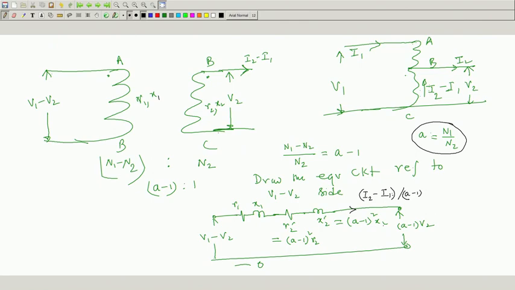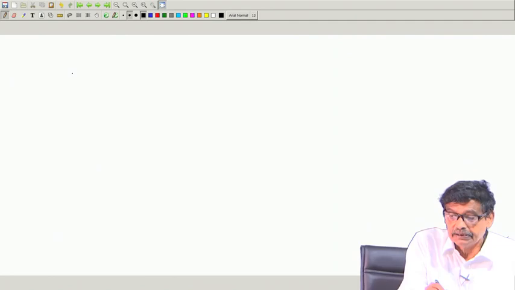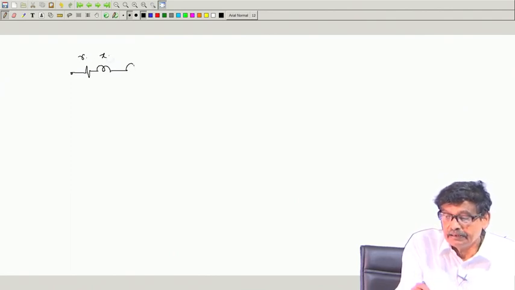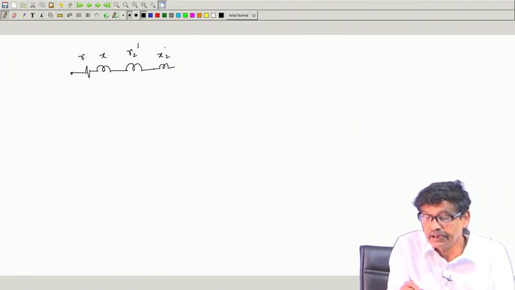So what we have got here will be the starting point. I will redraw it on a fresh page. Here is R1 X1, then the reflected values R2 dashed and X2 dashed. What is X2 dashed?